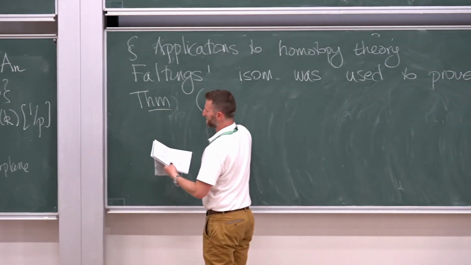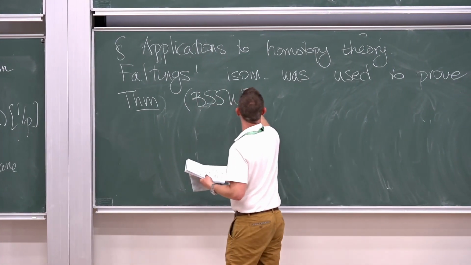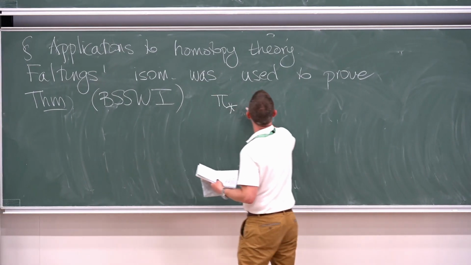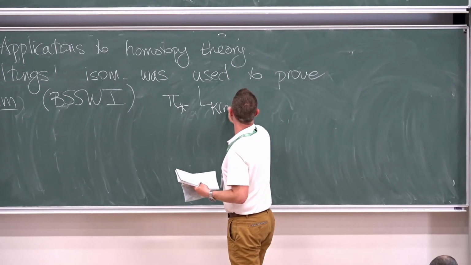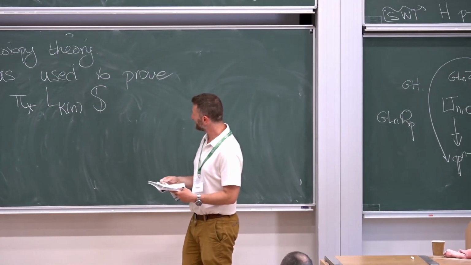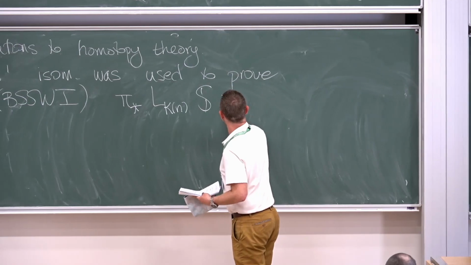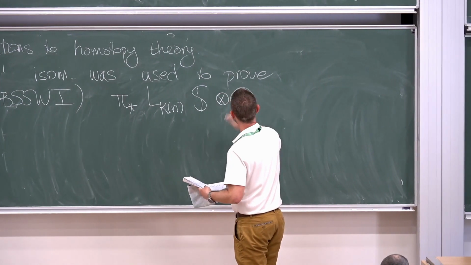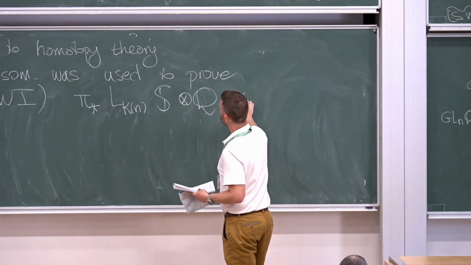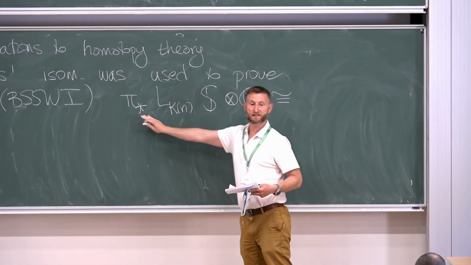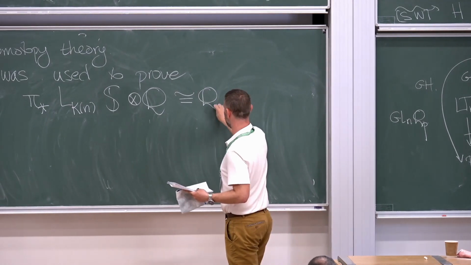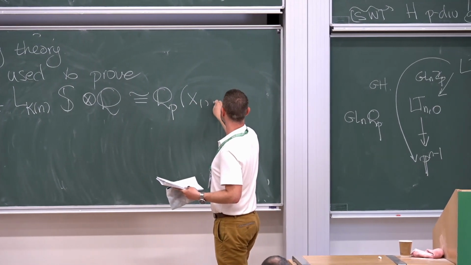So this is the main theorem of BSSW, the first, which is that if I look at the K_n-local sphere, and I take its homotopy groups, well, these are still a little bit mysterious, but after inverting p, in other words, tensoring with Q, all right, well, this was p-complete. So after tensoring with Q, it should be a Qp vector space, and I just want to write it quickly like this. Qp adjoin some variables.